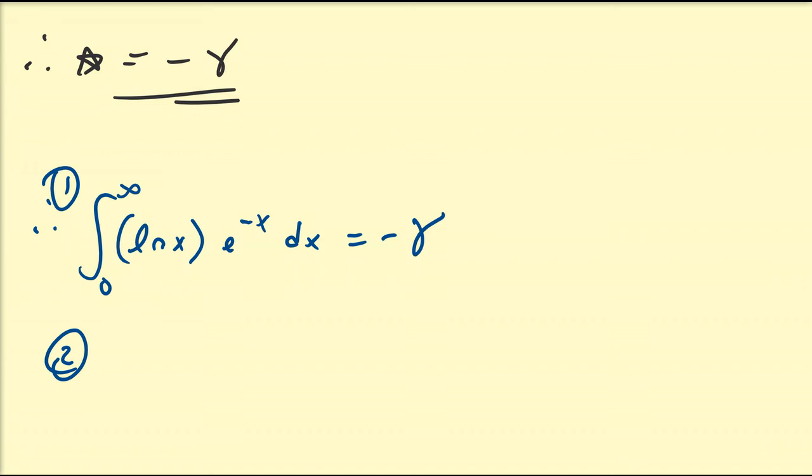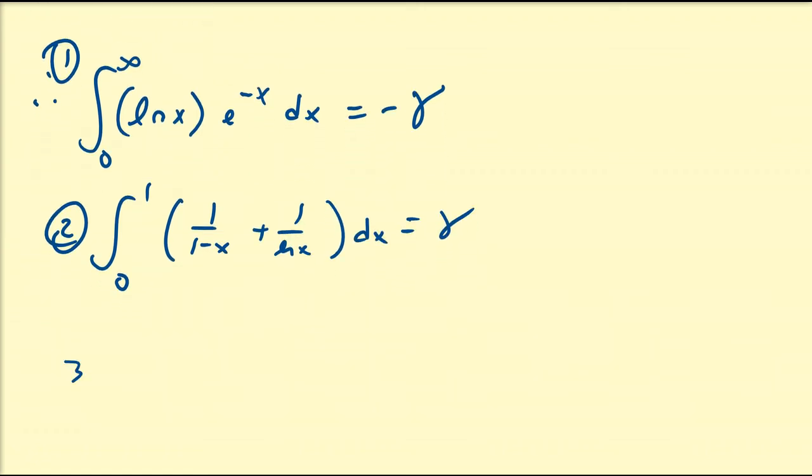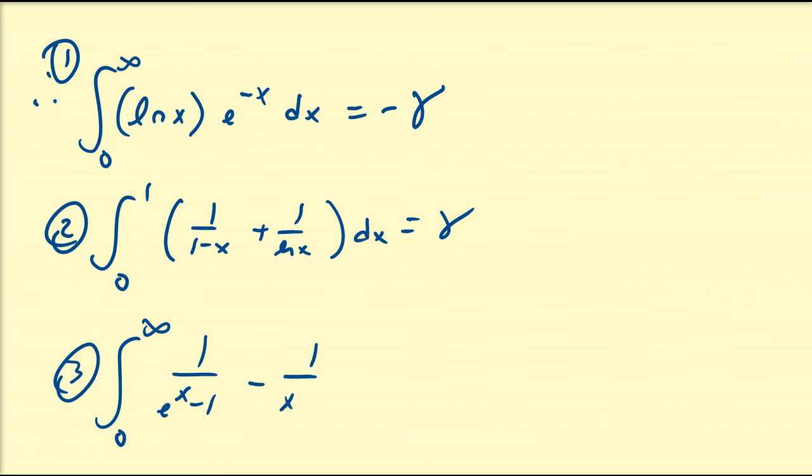We proved a couple other representations for the Euler-Mascheroni constant, namely the integral from 0 to 1 of 1 over 1 minus x plus 1 over the natural log of x dx is equal to positive gamma. And a third integral representation that we derived was the integral from 0 to infinity of 1 over e to the positive x minus 1 over x, e to the minus x dx. And that is also equal to minus gamma.